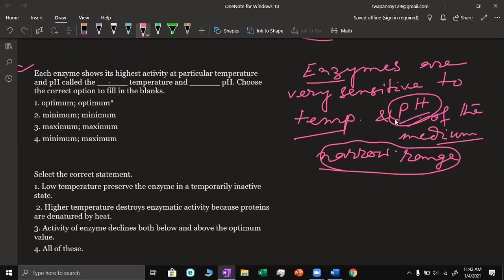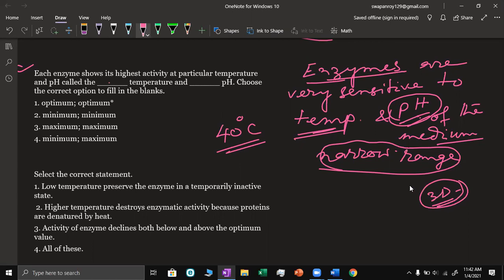That's why their catalytic activity is changed. With temperature beyond 40 degrees Celsius, the enzymes denature. Denature means their 3D structure, the tertiary structure of the protein, will break.